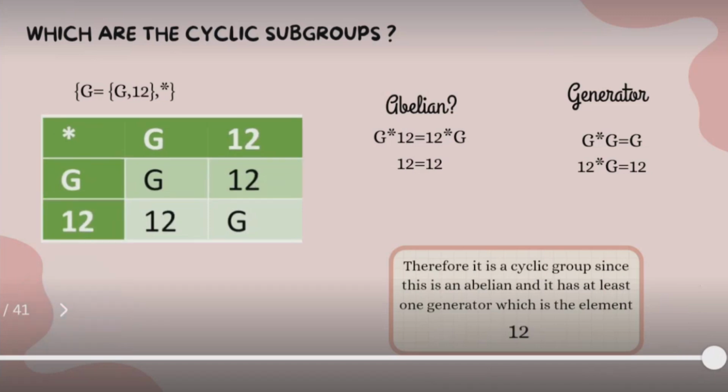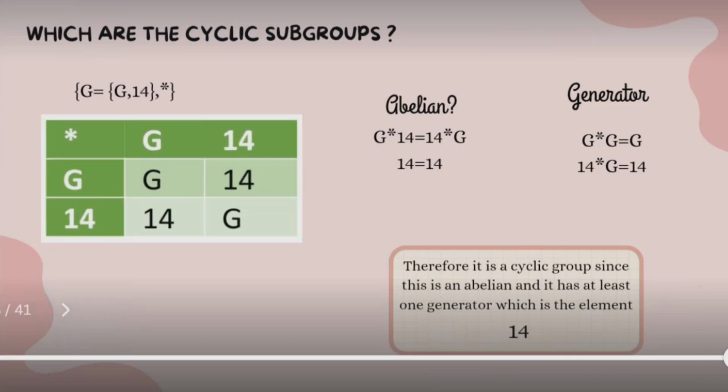Now, we will move to the set of G with an element of G and 12. So, this is also abelian and it has at least one generator, which is 12. And of course, it is a cyclic group since this is abelian and has a generator.